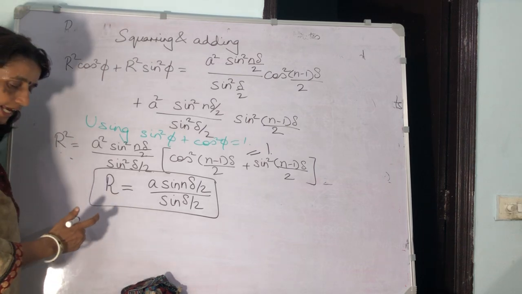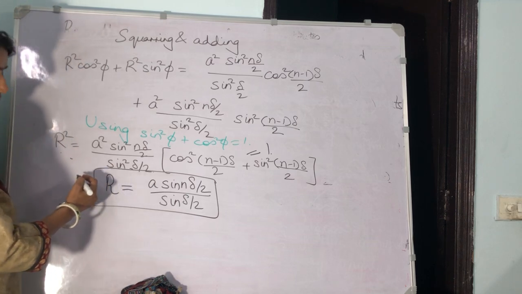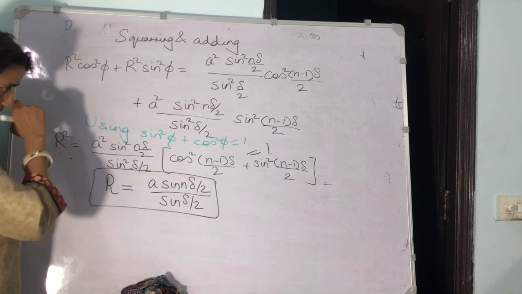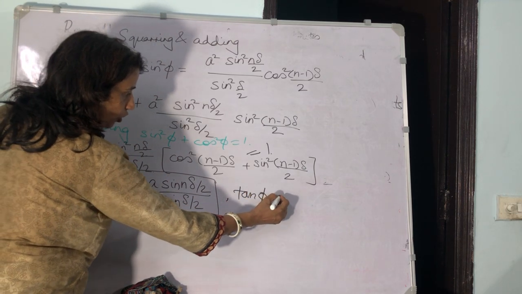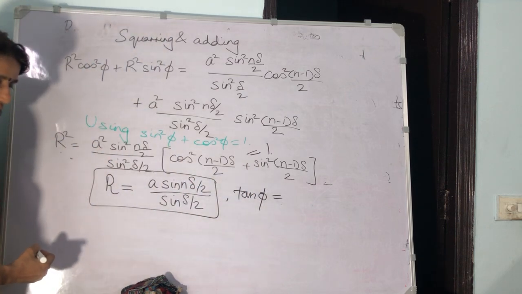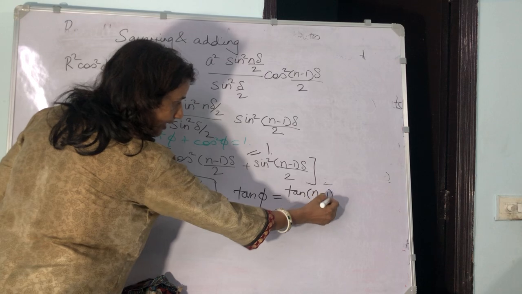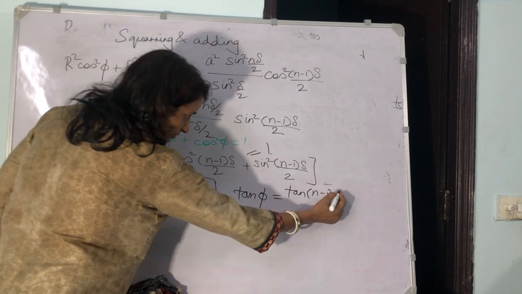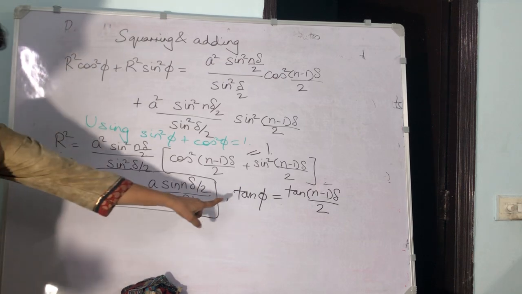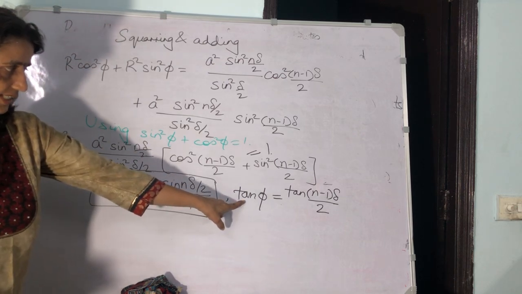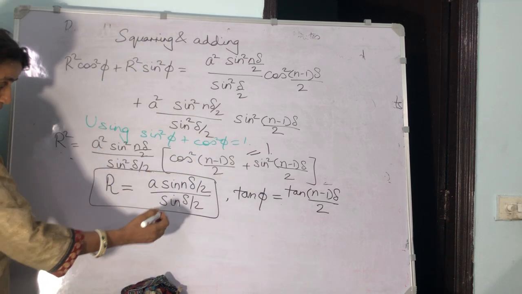Also, we can get the angle. If we divide for tan φ, by dividing the sine and cos resultant expressions, we get tan φ = tan((n−1)δ/2). We had found cos φ and sin φ, we divided them, so we got this expression.